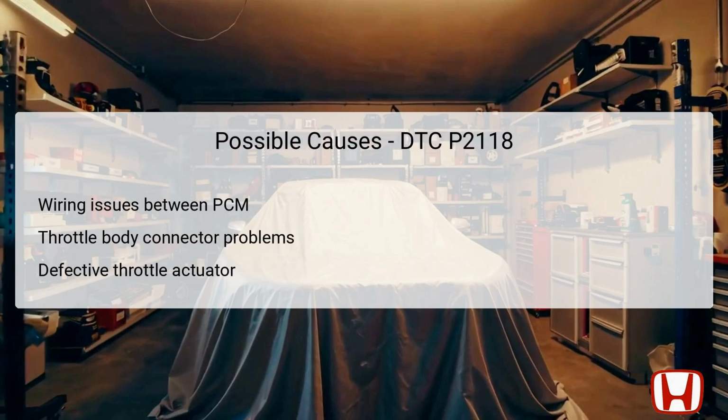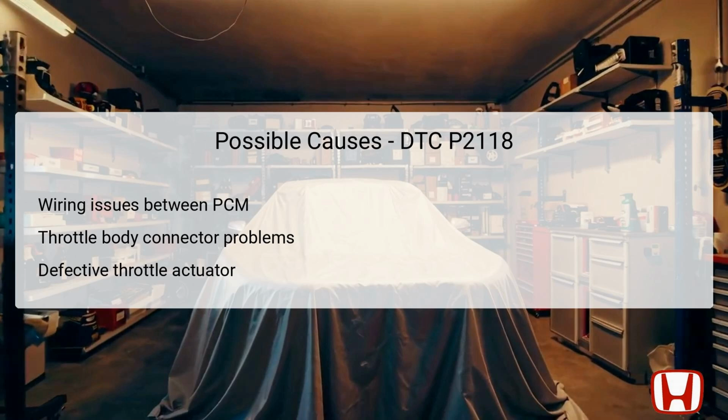When diagnosing DTC P2118, several possible causes should be considered. First, wiring issues between the PCM and throttle actuator can lead to intermittent connectivity or malfunction, thus triggering the error code. Specifically, open circuits or shorted wires may disrupt the necessary current flow to the actuator.